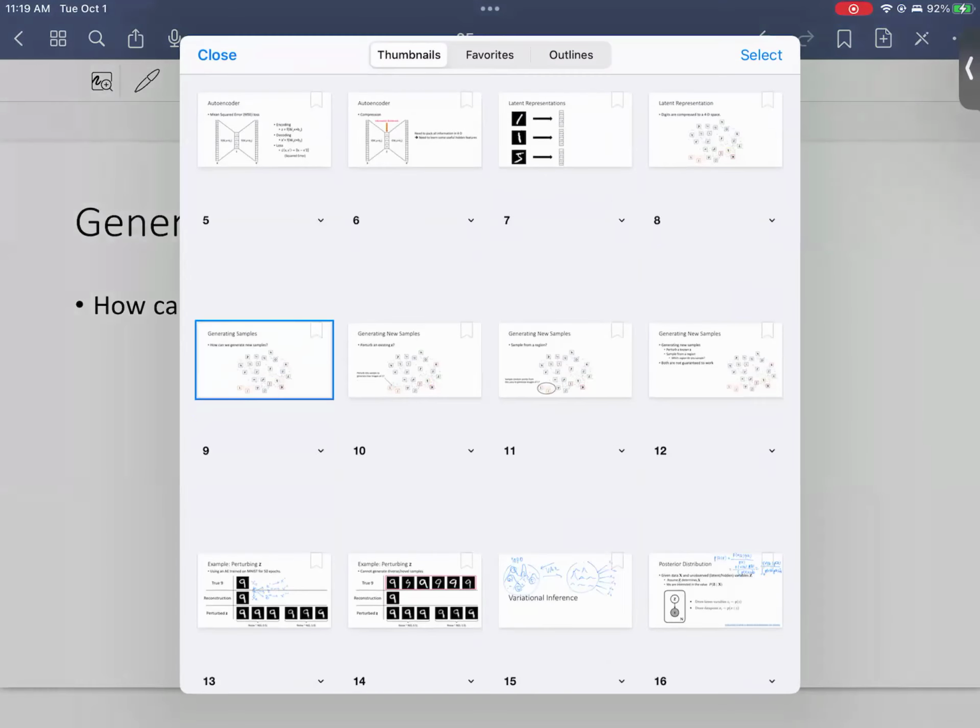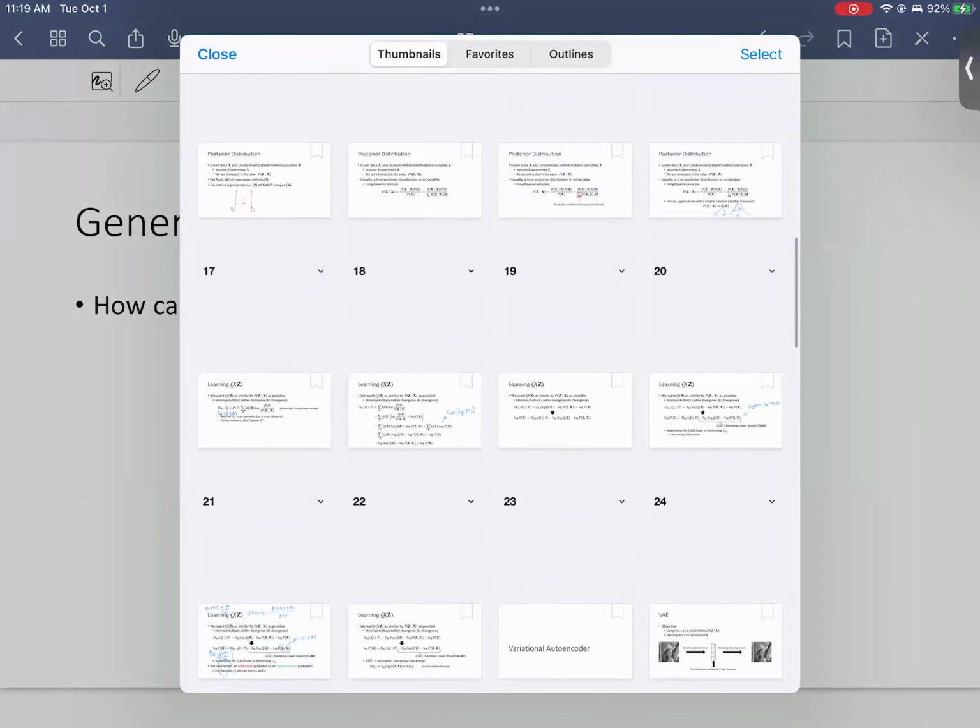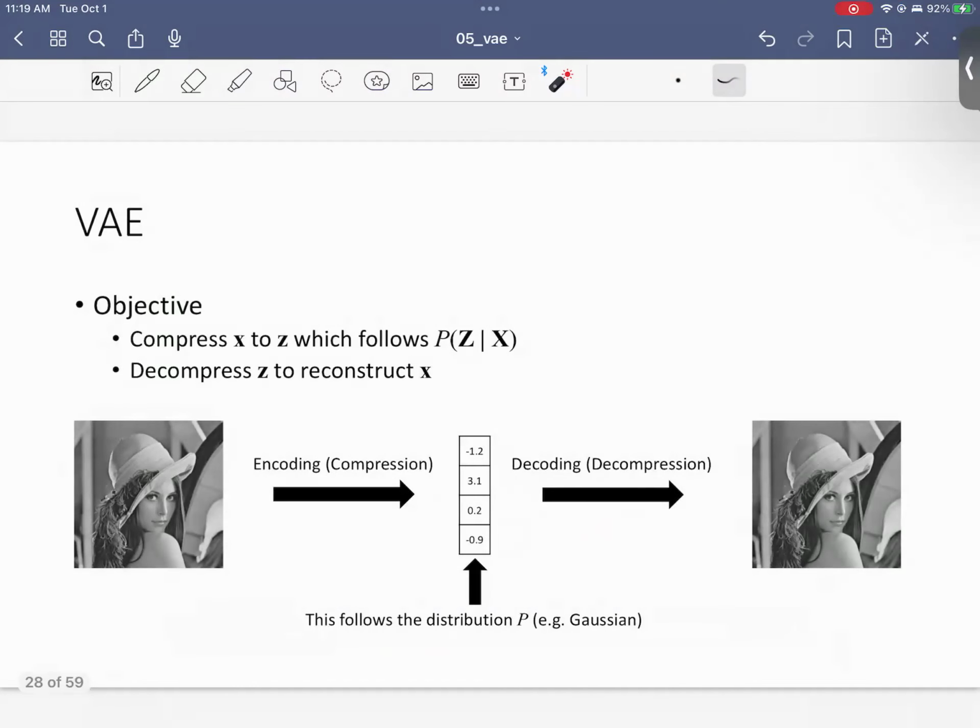But in VAE, we want one more condition, which is that we now want the latent space to look like a Gaussian distribution, for example. It could be any other distribution, but in VAE we typically use Gaussian.